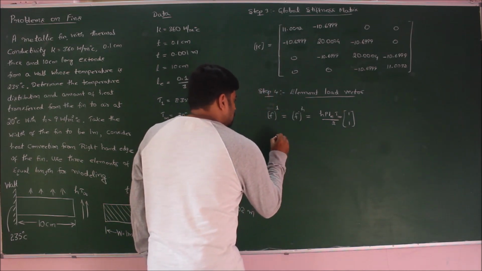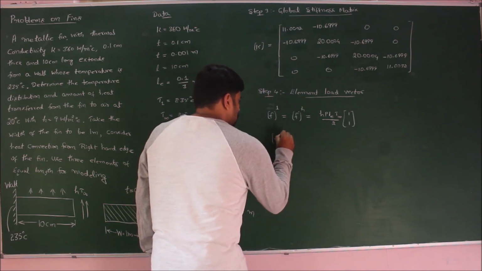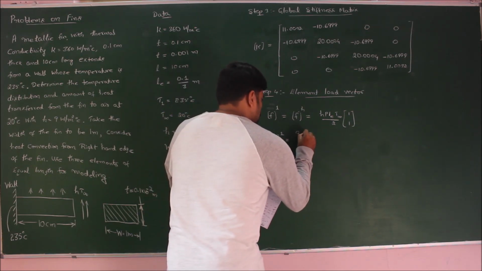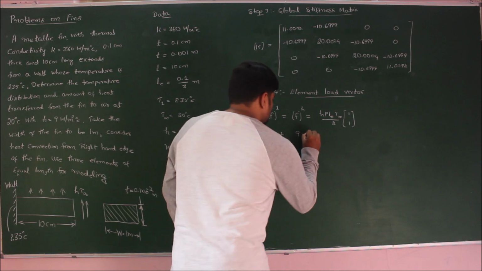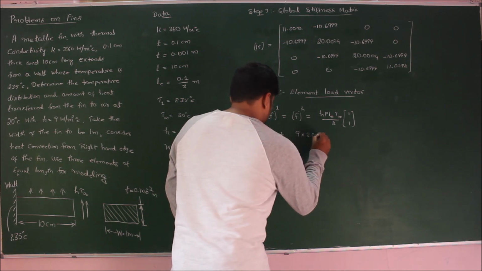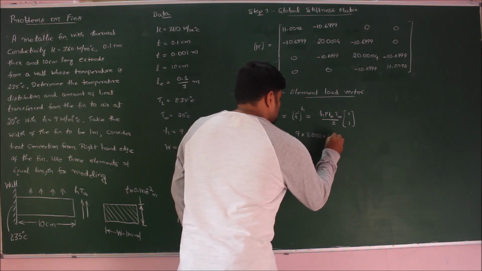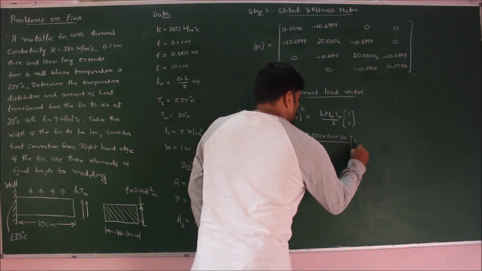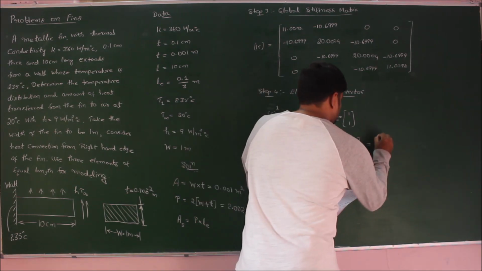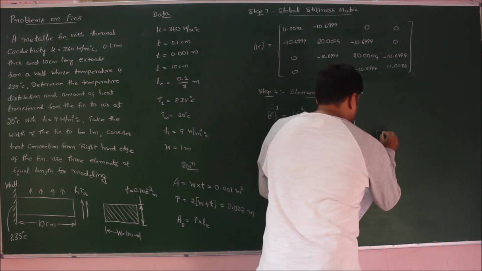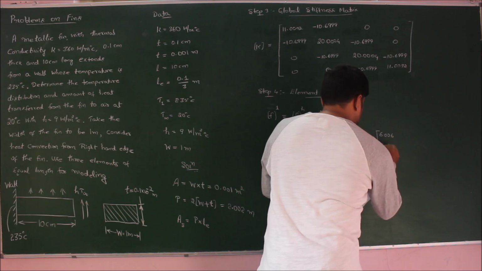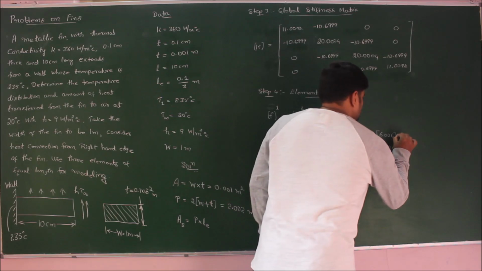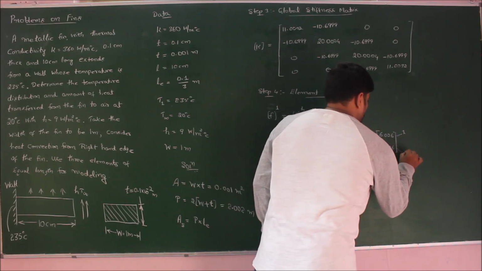If I substitute the values and solve, I will get for element 1, h as 9, perimeter is 2.002 into length is 0.1 by 3 into T infinity is 20 degrees Celsius, 1 1. If I simplify, I will get the answer as 6.006, 6.006. The node numbers for element 1 are node number 1 and node number 2.